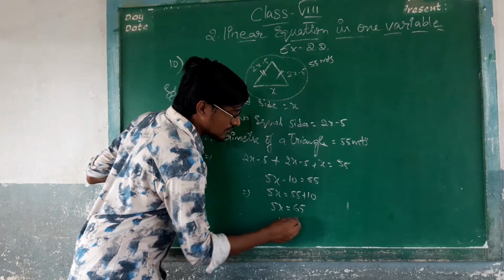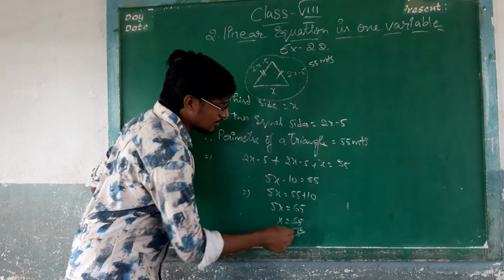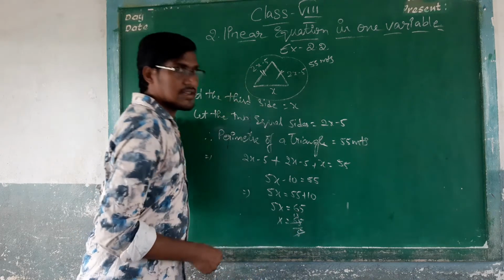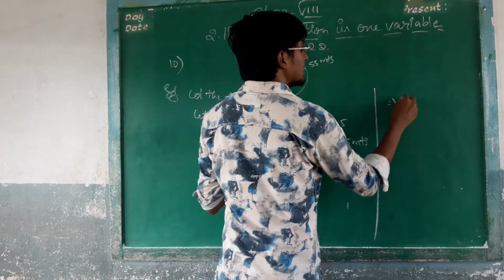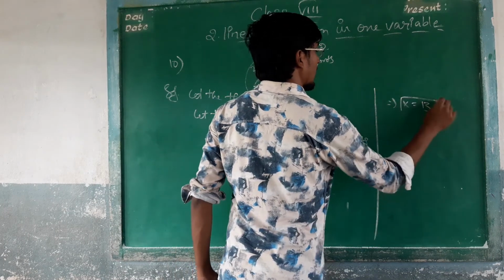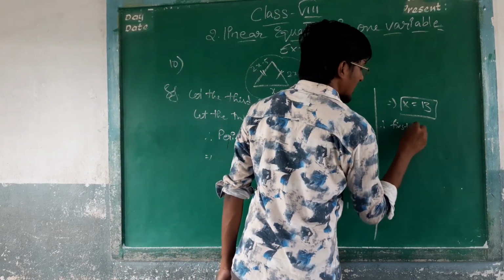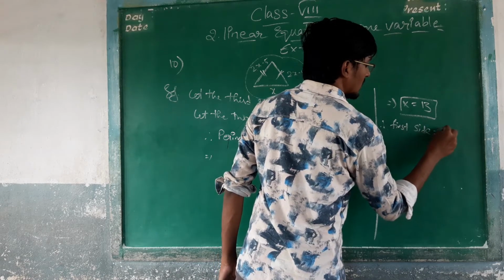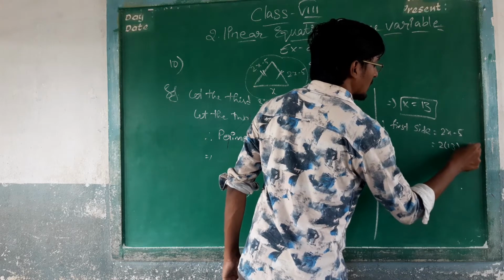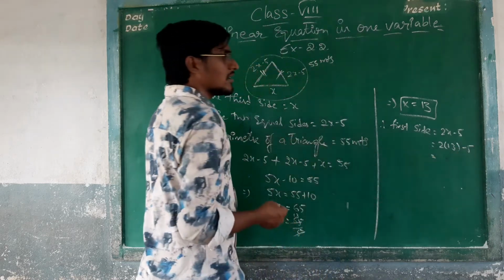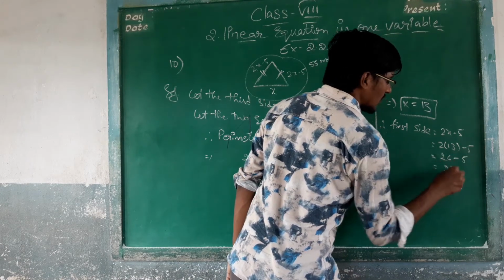x equals 65 by 5. So it is cancelling how many times? 13 times. So x equals 13. Therefore the first side equals 2x minus 5, which is 2 into 13 minus 5. 2 into 13 is 26, minus 5 equals 21.